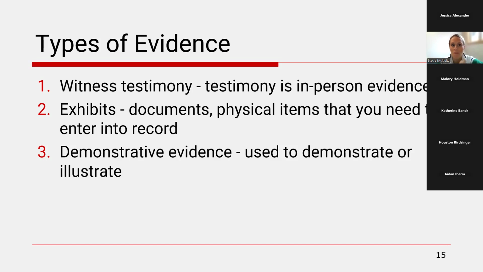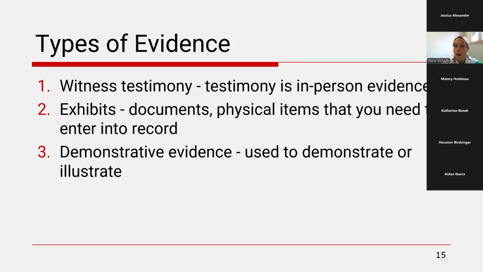And then we have demonstrative evidence, and that is not necessarily exactly literally true. If you think about a map, that's not what the world looks like, but it demonstrates where the roads are in relation to lakes and houses and things like that.